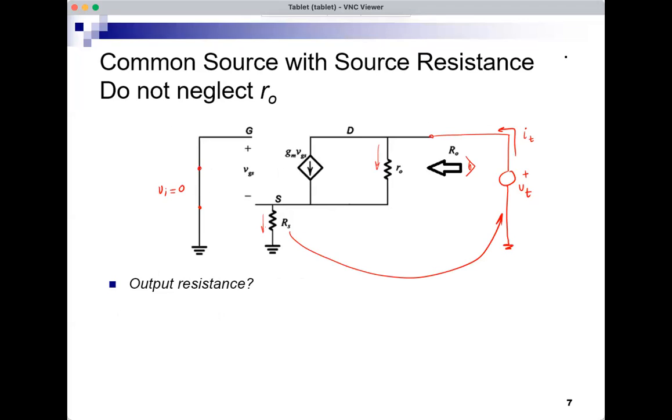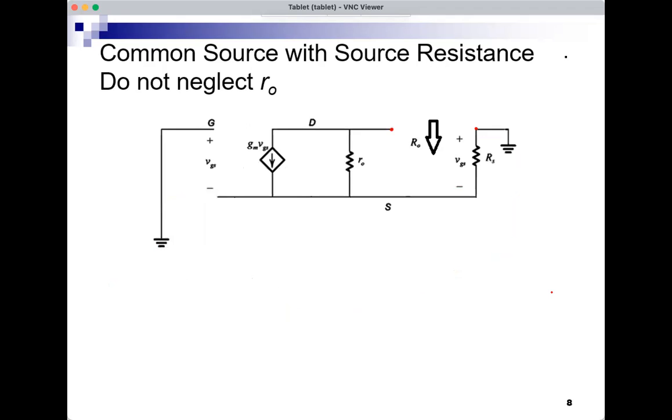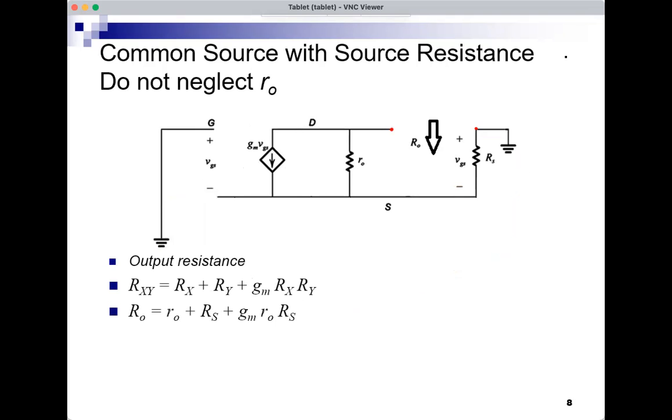If we solve this using just regular circuit analysis without knowing anything about RXY, then we will get V test over I test, the exact same result, Rs plus RO plus GM Rs RO from the circuit, or use the formula RXY after redrawing the circuit and showing that it's really an RXY circuit, and therefore the resistance is the same expression that we would get if we do regular circuit analysis, RO plus Rs plus GM RO Rs.